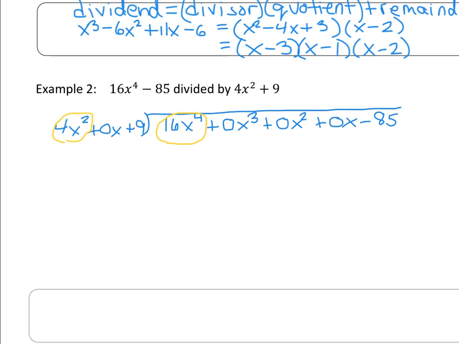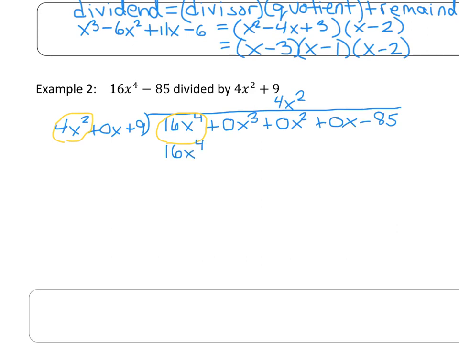So I'm going to line that up over its like term, 4x squared. Now I'm going to start to do my multiplication. 4x squared is going to multiply the entire divisor. So 4x squared times 4x squared is 16x to the 4th, and I'm going to put that under its like term.